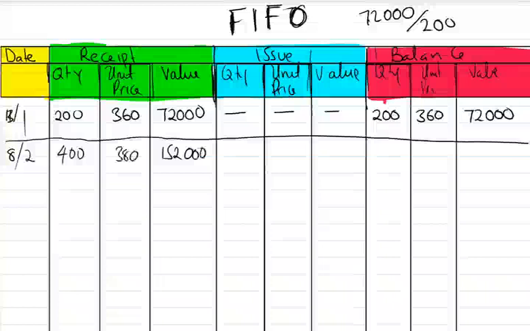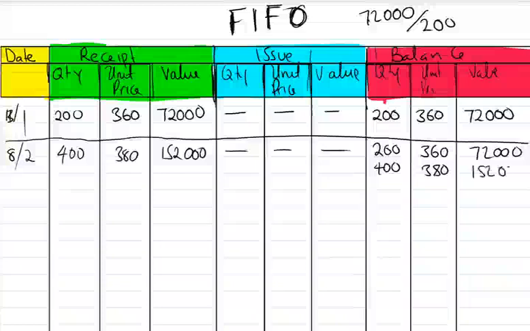On the same date, they did not do any issue. That means now our balance will be the 200 that was in the stores at a value of 360, which is 72,000, and the one that we have just bought recently, 400 at 380, that's 152,000. So we'll find the total balance being 224,000, and here we'll find 600 boxes. So we'll close that one.